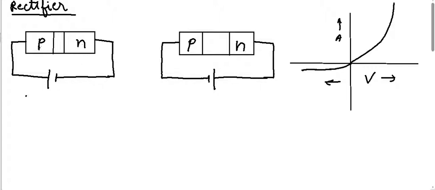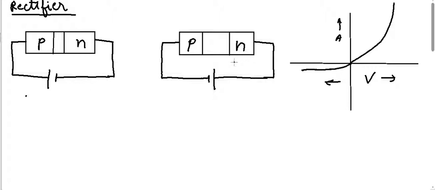We discussed the reasons in detail in the last video, but the summary was that in the first case there would be a current flowing through the circuit, but in the second case there would be a negligible current flowing, or you can assume that for all practical purposes there will be no current.